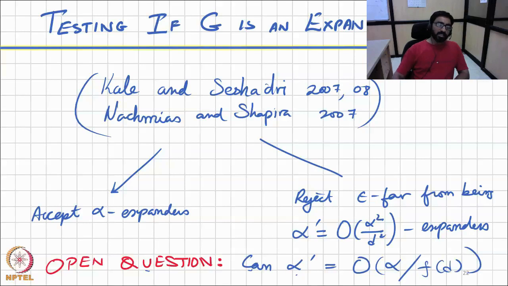So the open question is, can this alpha prime be improved to alpha over some function of d, and not be dependent on the square of alpha. So this is the big open question.